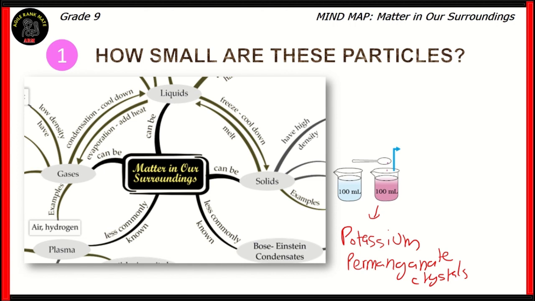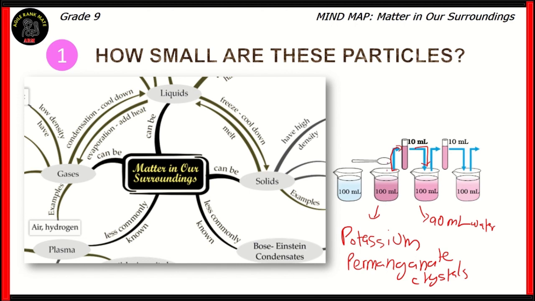It is clearly visible. Now we take another beaker of 90 ml water, and then we add 10 ml from the previous beaker into the next one. Now you can see that the color becomes light.